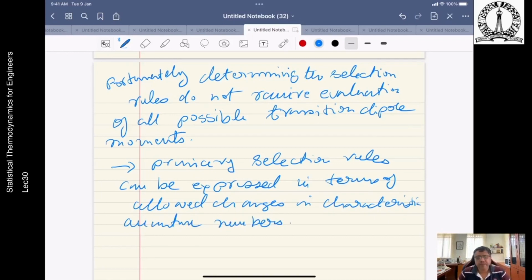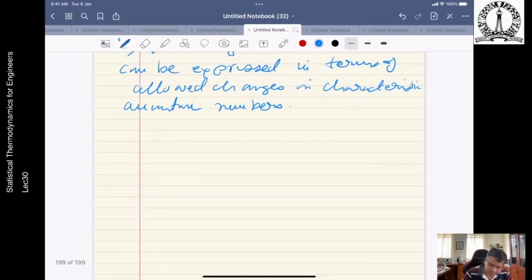We have already seen, for example, in the book, that table 6.9 lists all the selection rules that can be derived. So let us look at the selection rules.